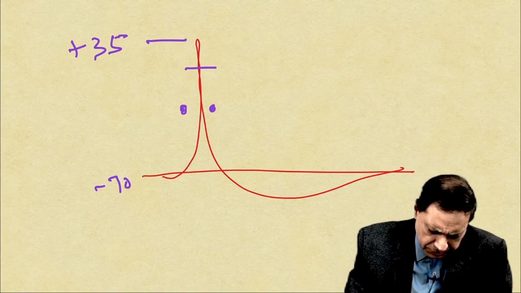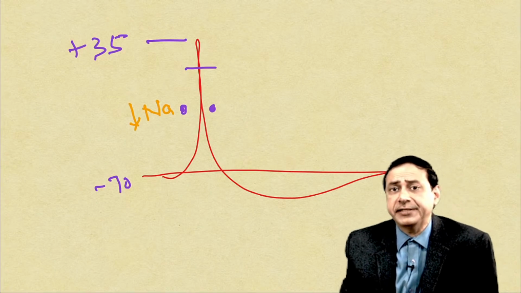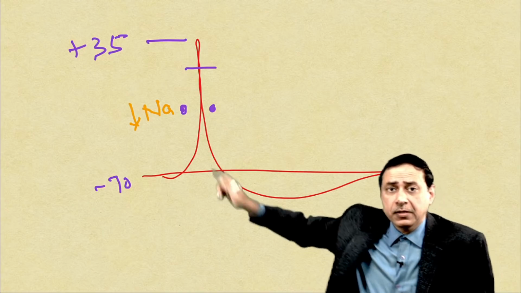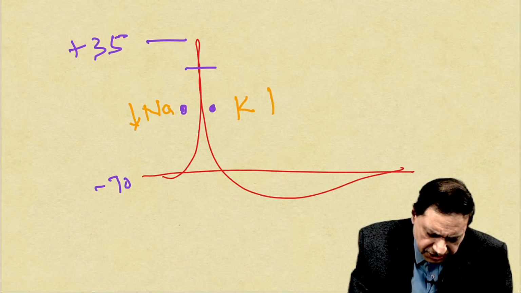This phase is because of sodium influx, sodium entry. This repolarization is because of potassium efflux.